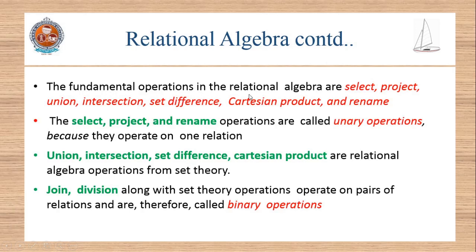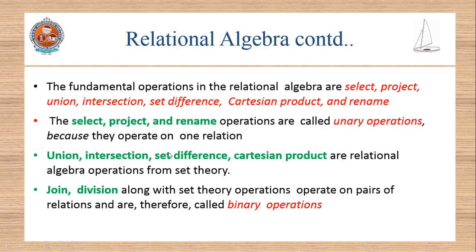The fundamental operations in relational algebra are select, project, union, intersection, set difference, Cartesian product, and rename. Along with these basic fundamental operations, we have two others, join and division. The select, project, and rename operations are called unary operations because they operate on one relation, that is a single relation.